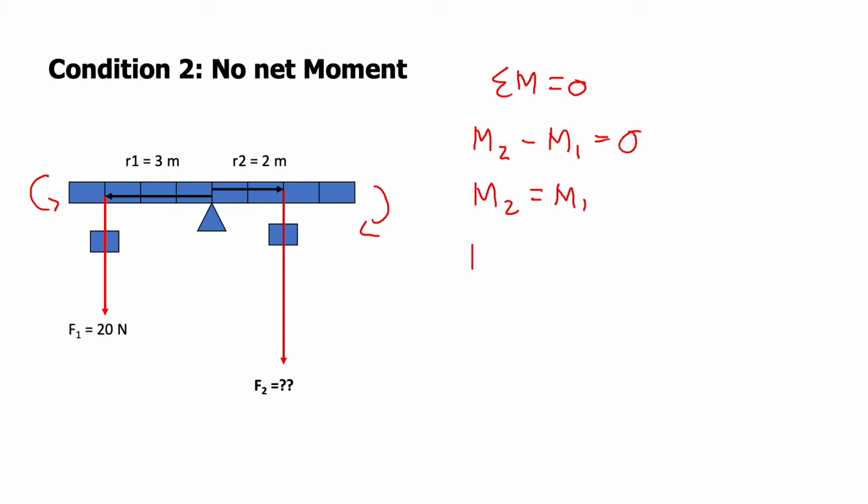So again, we have F2 times the distance, where the value of r is 2, and then sine 90 is 1, so this is equal to 20 times 3. Again, sine 90 is 1. So this becomes F2 is equal to 30 newtons.